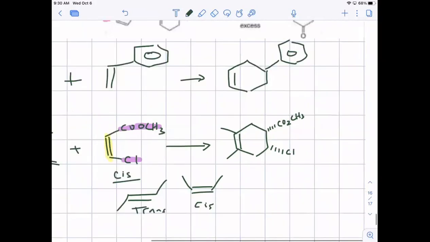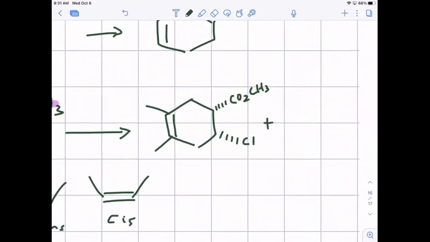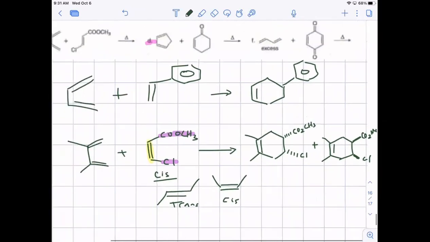Right, so if it's cis in the starting material, then the product has to also be cis. And then just like you get that product, you can get the other cis product. But they're both on a wedge.